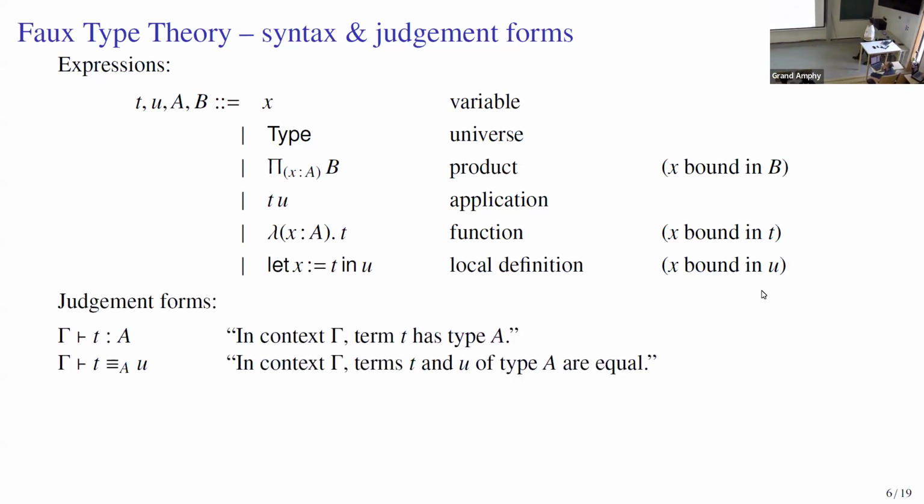Okay, so the next thing to explain is what will be our judgment forms. That is to say, what kind of assertions we are going to make in our type theory. And there will be two kinds of assertions. One is that a term has a type, and the other one is that two terms are equal.